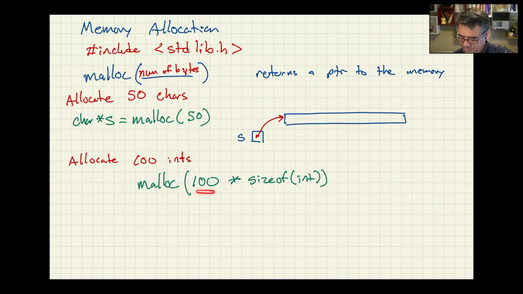So this is going to ask for 100 boxes multiplied by the size of each box. And in our system, this will return a 4. So then it will multiply these two together. It gets you 400. And then we can assign that to an integer pointer.